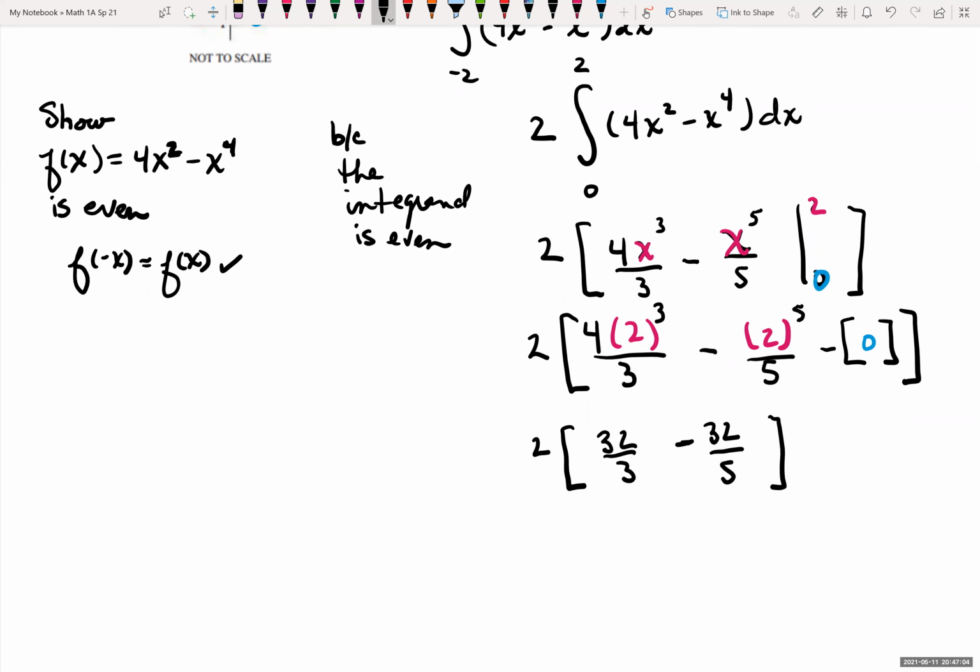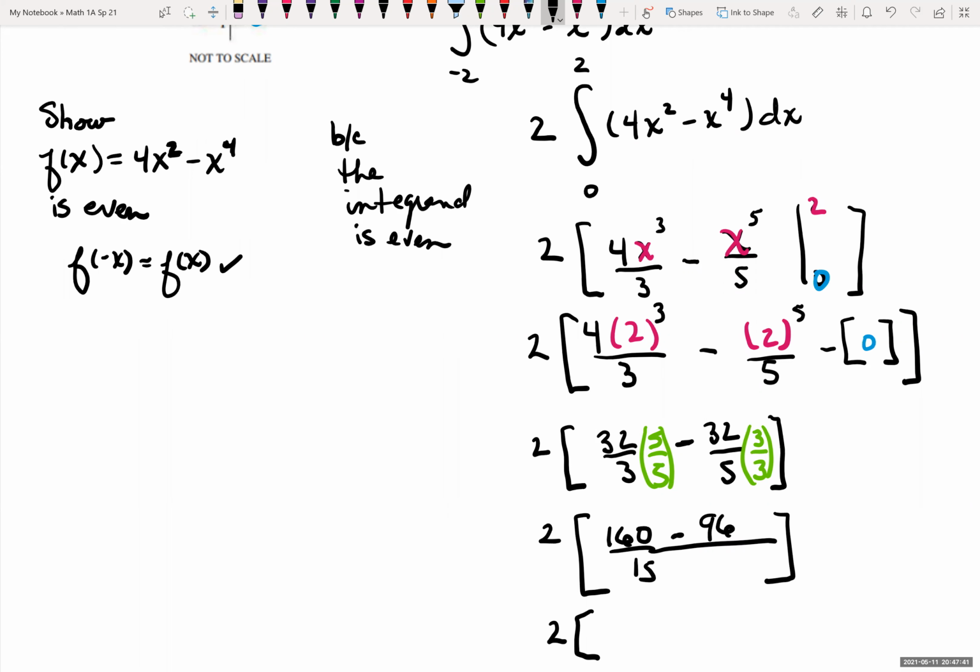I need a common denominator. I can see my common denominator is 15. So let's multiply this 32 thirds by 5 over 5, and this 32 fifths by 3 over 3. So we need 2 times 5 times 32, that is 160 15ths, minus 3 times 32, which is 96 15ths.